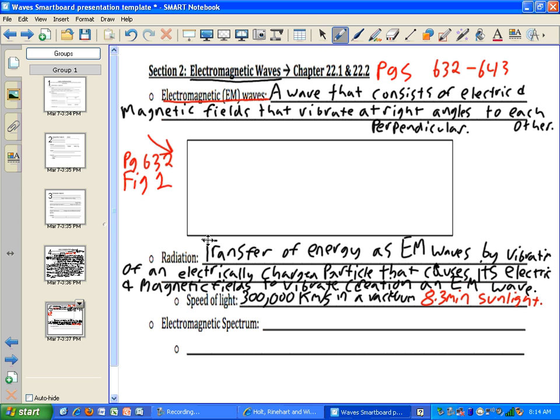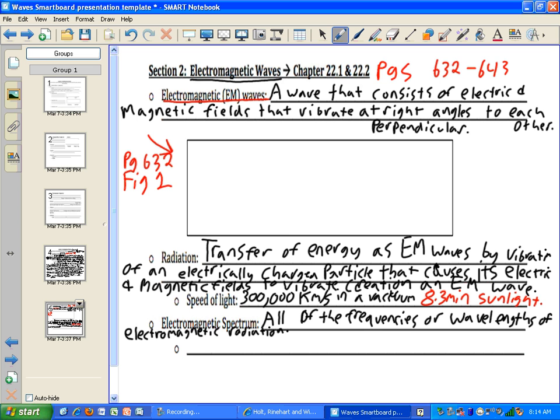An electromagnetic spectrum is all of the frequencies or wavelengths of electromagnetic radiation.